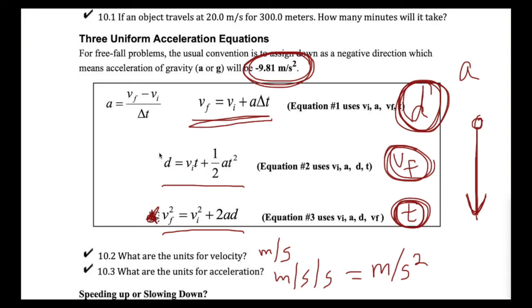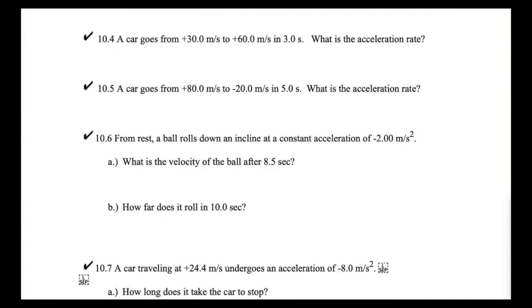For this first one, we have a car that goes from 30 meters per second to 60 meters per second. I take an inventory of all these things. The 30 meters per second is an initial velocity, the 60 is a final velocity, and 3 seconds is time. What is the acceleration rate? A equals question mark.